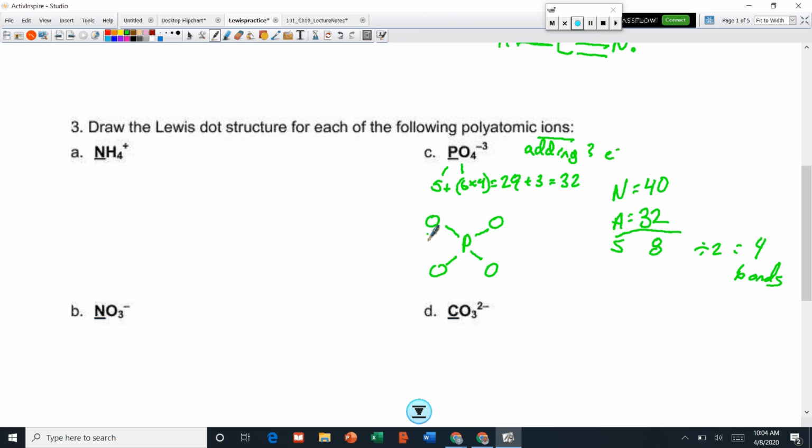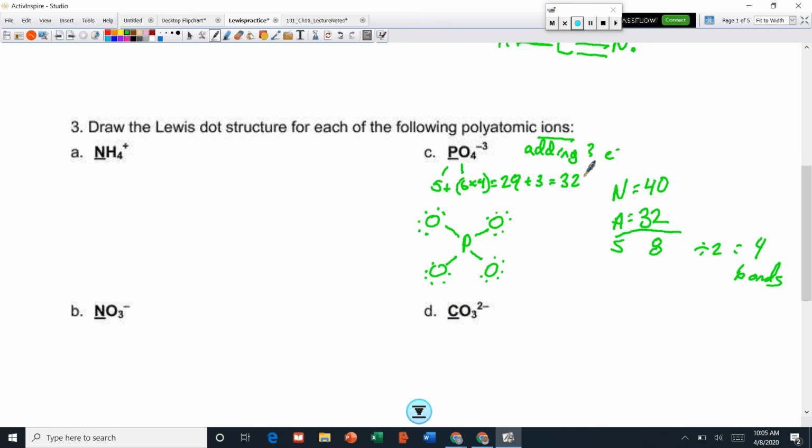And then if I put 6 electrons around each oxygen, that's going to give me 8. 6 times 4 is 24, so that accounts for the rest of the electrons. You can always double check at the end to make sure you have a total of 32. So again, 6 times 4 is 24, and then 26, 28, 30, 32. And there's your drawing for that.